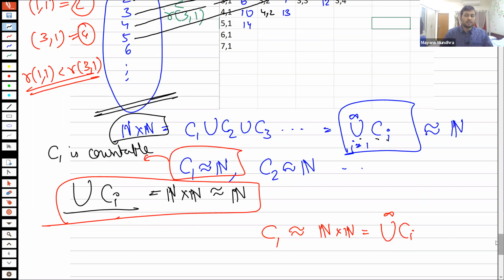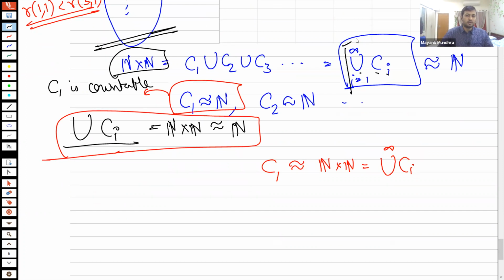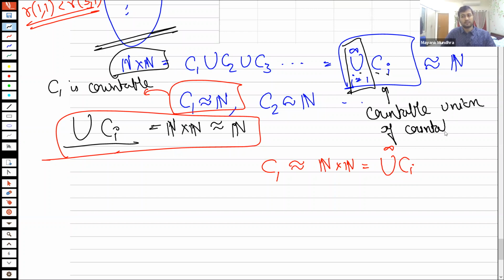So a countable union means that the union has the same size as the natural numbers. You go from C1, C2, C3 until C infinity. So this is a countable union of countable sets. And a countable union of countable sets is countable. That is the theorem. So this is also countable.